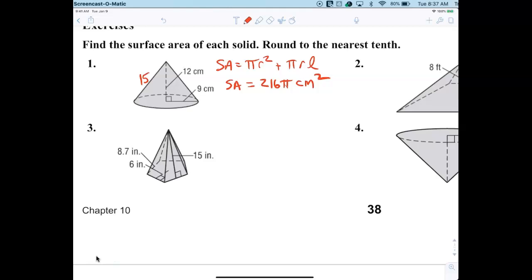All right, lateral area is pi RL. Yes. I calculated 9 squared, which is 81, and then I calculated 15 times 9, which is 135, and then I did 135 plus 81, which I think is 260.